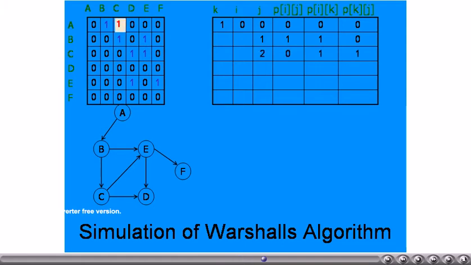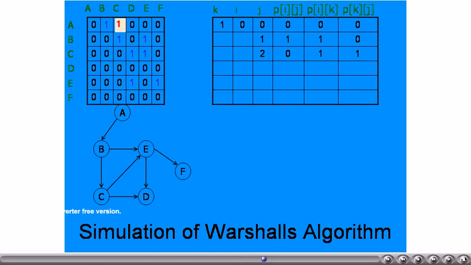Let us assume that j value has changed to 2. Now currently pij, that is p02, is 0, pik is 1, pkj is 1. Thus now pij, that is p02, value becomes 1.